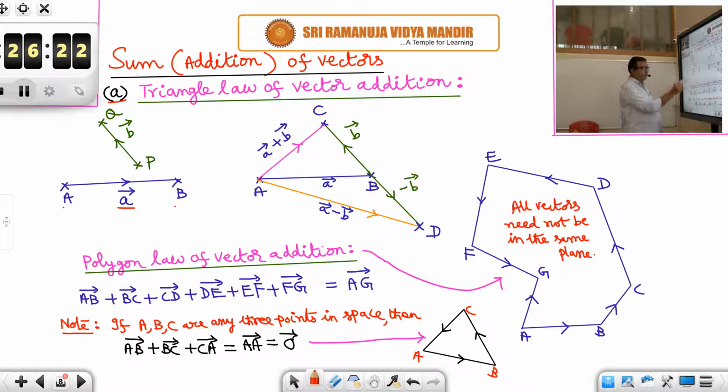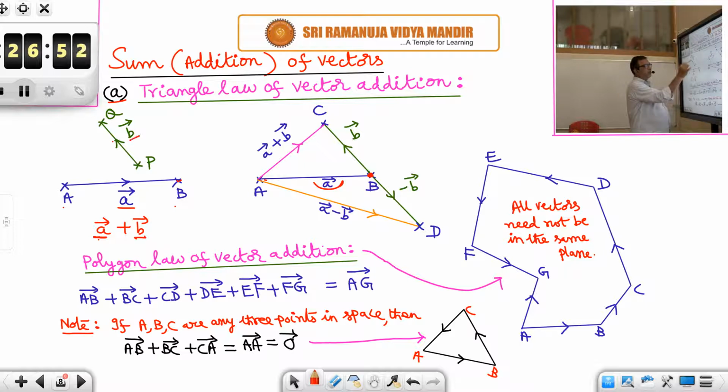Now I want the vector a bar plus b bar. I want to add these 2 vectors. What I have to do is, first vector, don't change it. a bar is the first vector, this is AB bar. At the terminal point of the first vector, that is at the point B, that point should be taken as the initial point of the second vector b bar.